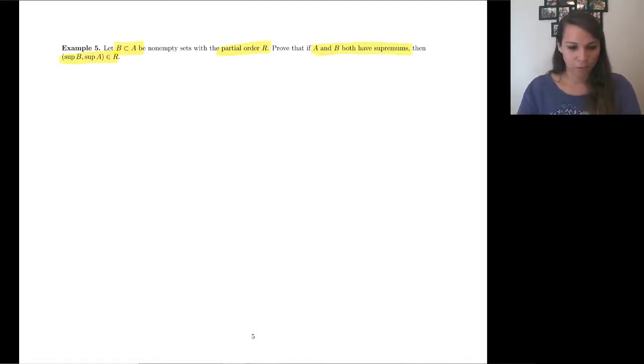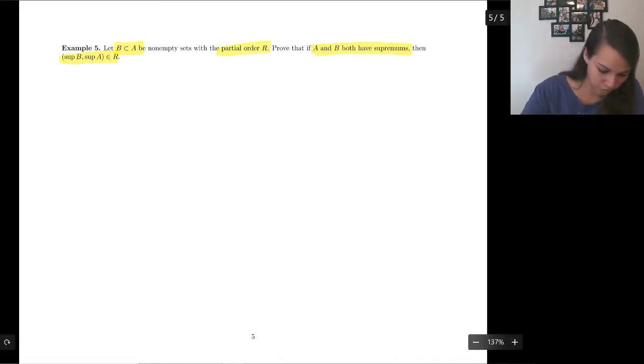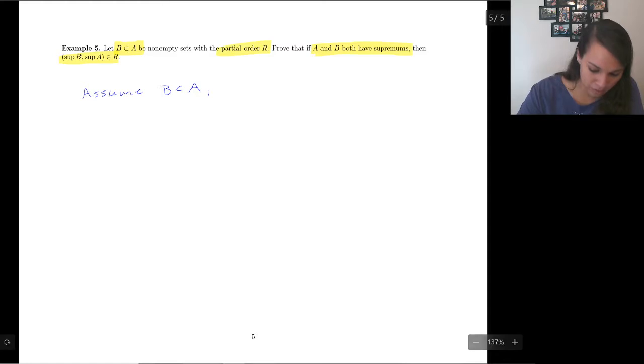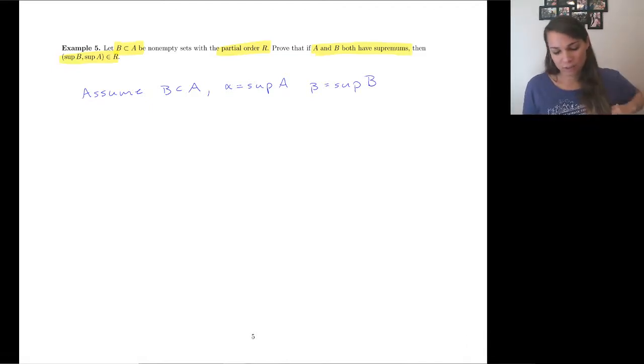Let's get started. What are things that we are allowed to assume? We're going to assume that B is a subset of A. We are going to assume that they have supremums, and so I'm going to give them names. Alpha equals the supremum of A, and beta equals the supremum of B. So then what do we have? Well, we have the definitions of supremum.